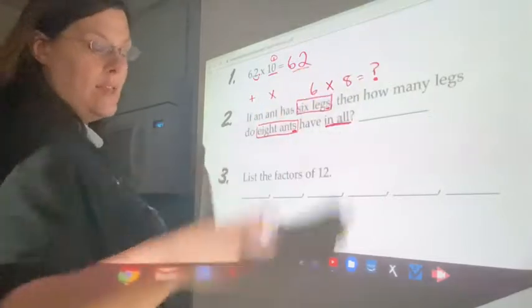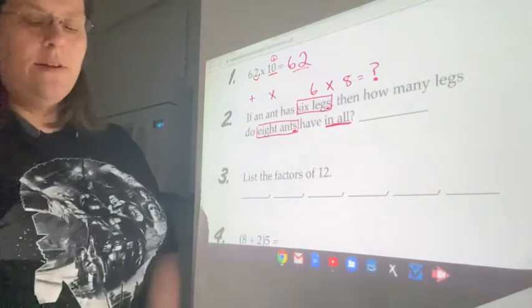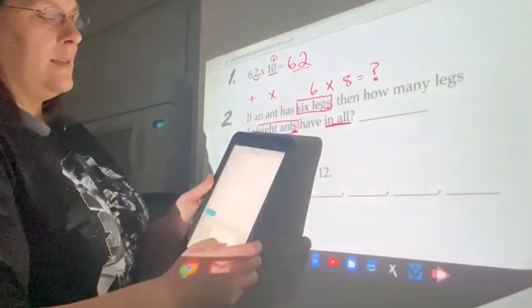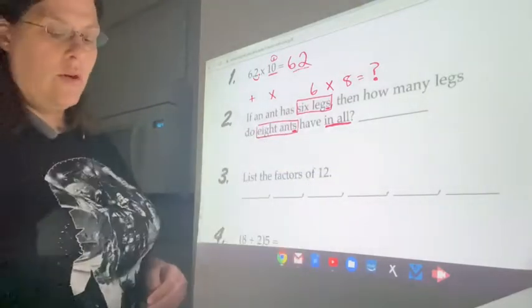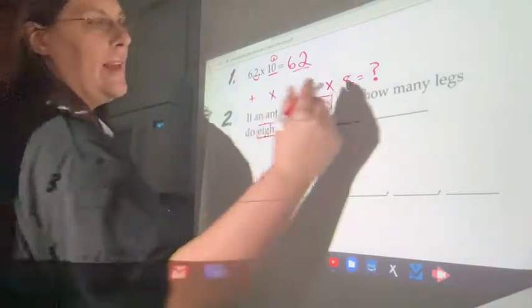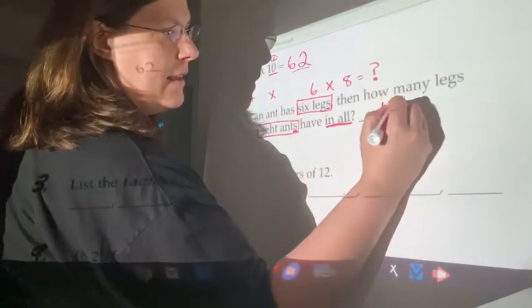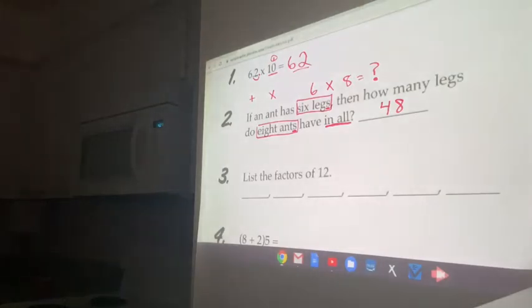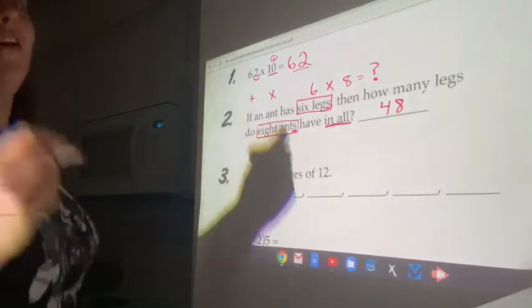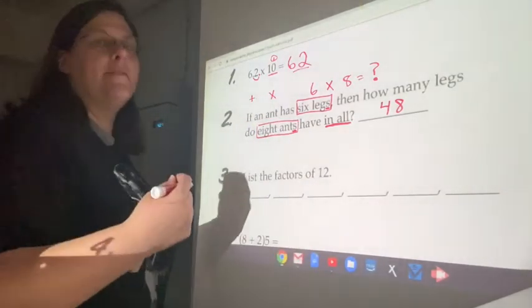So 6 times 8, we get our calculator out and we go 6 times 8 equals 48. So they have 48 legs in all. If you, on the other hand, want to do it the long way, you can do it for fun.